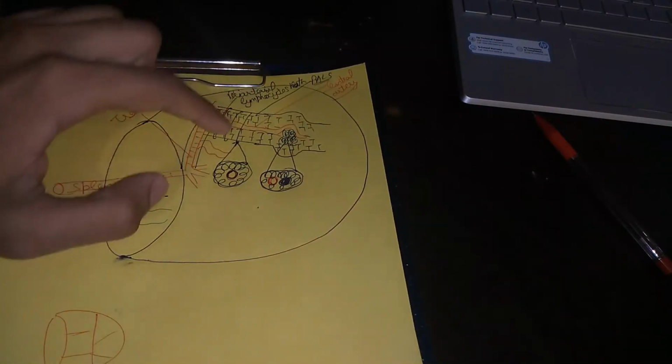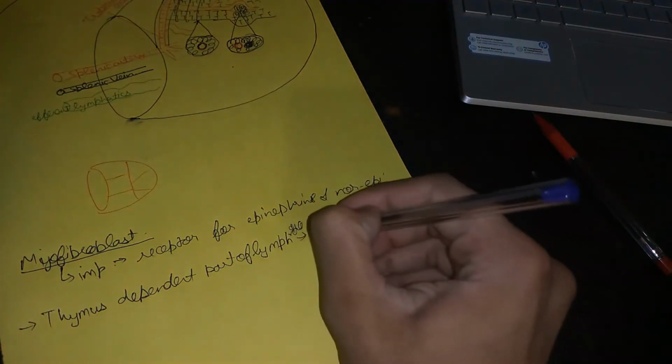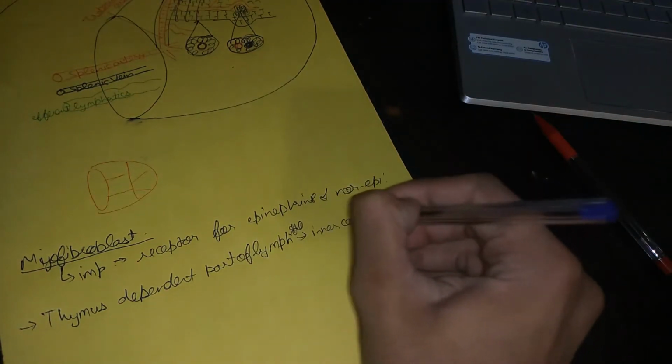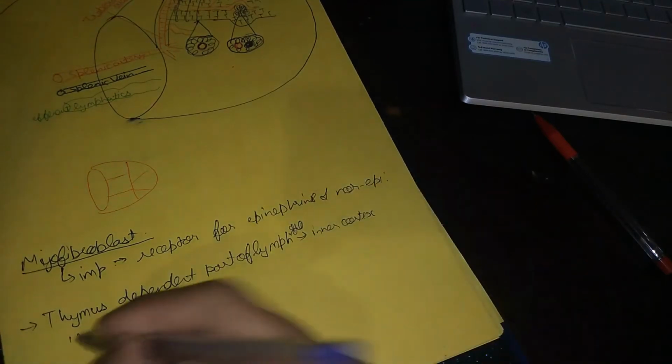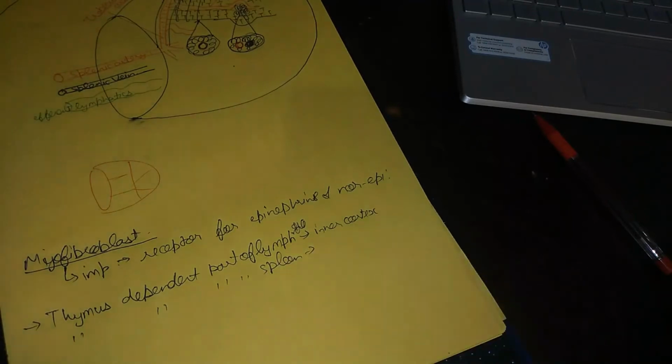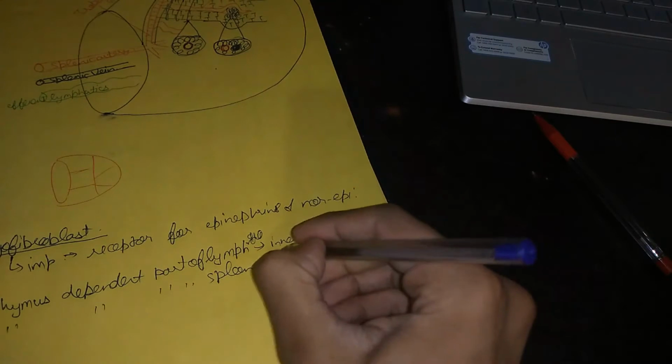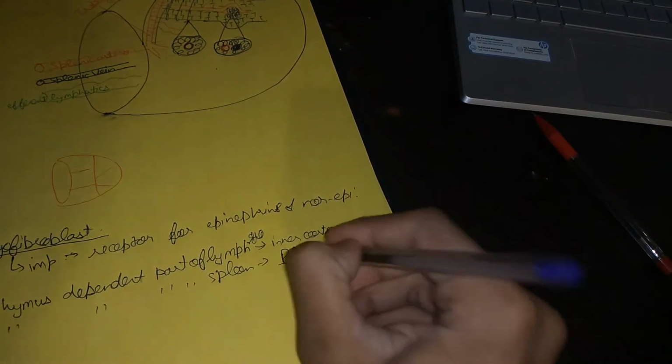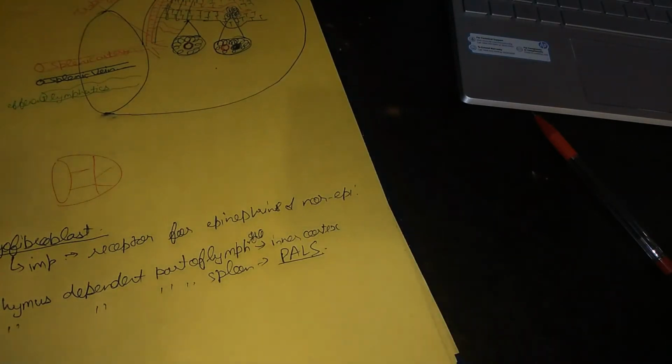You can see that T cells are present here, in the PALS. So the thymus dependent part of lymph node is the inner cortex. We know that. And here the thymus dependent part of spleen is PALS, around the central artery. I already told you the full form, periarterial lymphocyte sheath.